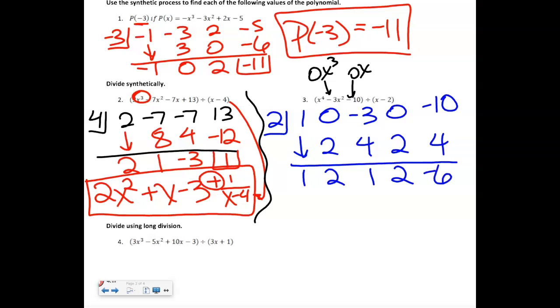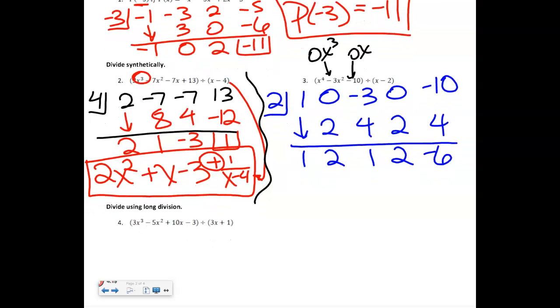Okay, so now again, just like our last one, I started with x to the fourth, so that means I'm going to start here at x to the third, and then again, just go down from there in your standard form. And this time, what should I have here for my remainder? -6, so make sure it follows whatever sign is there. And we divided by x minus 2.